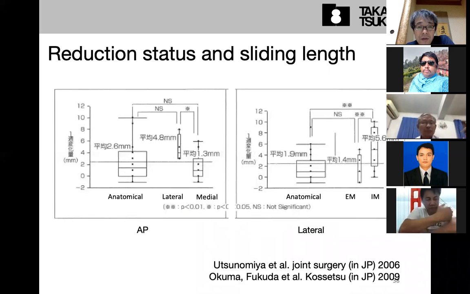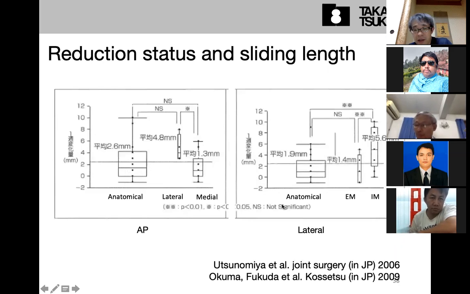Utsunomiya et al. compared the sliding length at 1 week. For the anatomical type and the medial type, the sliding length is 1 or 2 millimeters, which is quite normal, not so much. But the lateral type is bigger than the medial type.